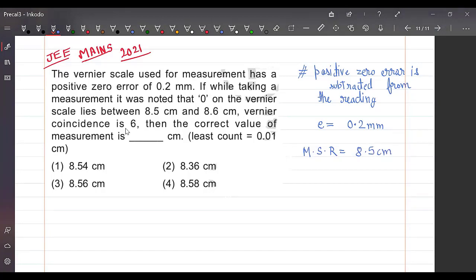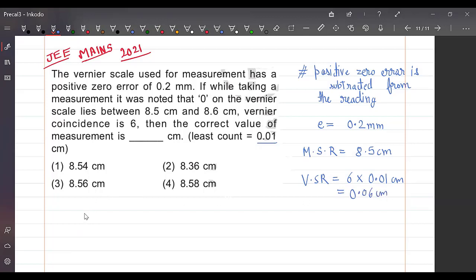And vernier coincides with 6. So vernier scale reading will be 6 times the least count of vernier, that is 0.01 centimeter, that would be 0.06 centimeter.